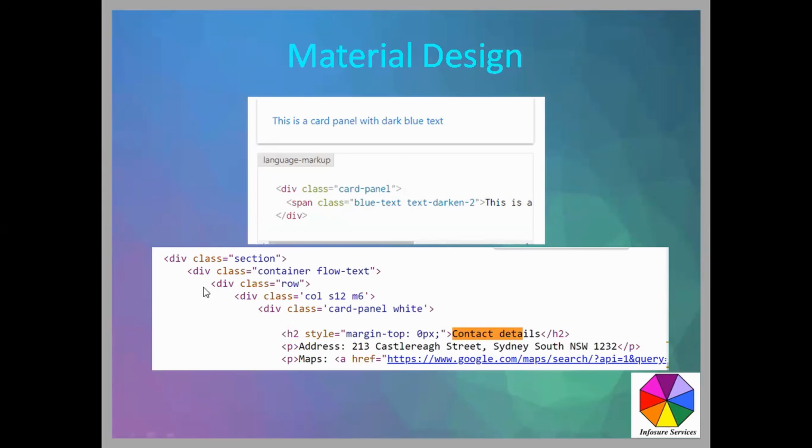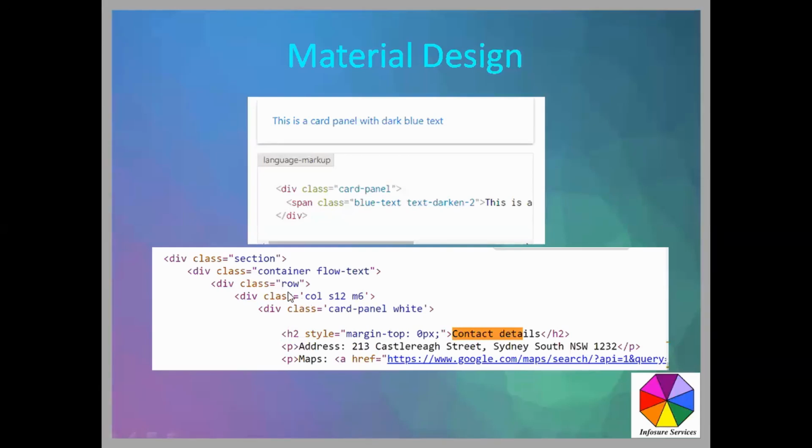Now here, this web page has div class section, class container flow-text, class row, class column s12 m6. Div class card-panel white. I'll explain what this is.